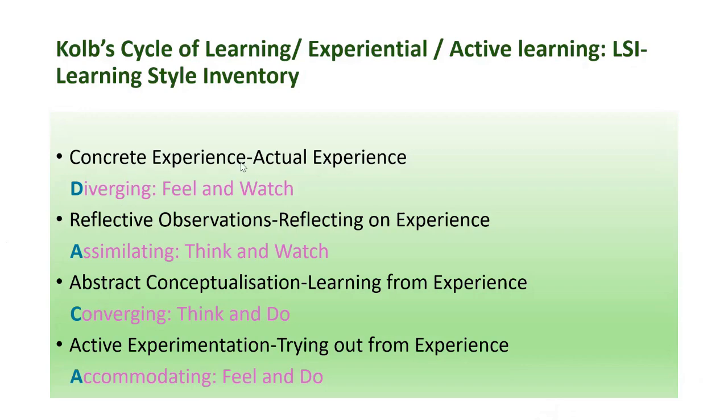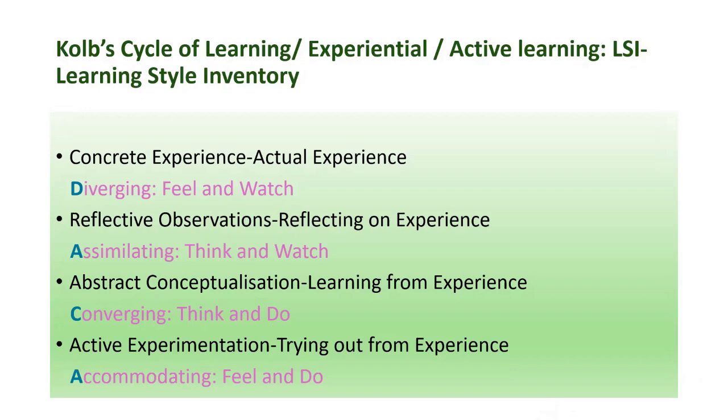Between concrete experience and reflective observations, we have diverging learners. They feel and watch. Between reflective observations and abstract conceptualization, we have assimilating learners. They think and watch. And between abstract conceptualization and active experimentation, we have converging learners. They think and do.